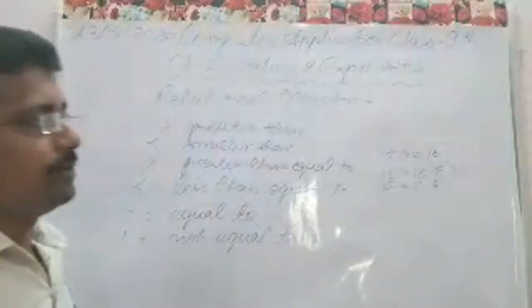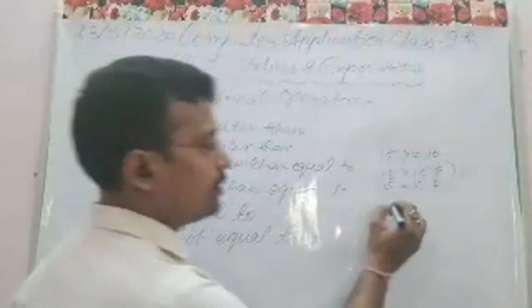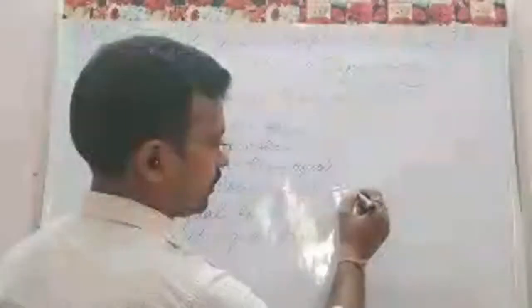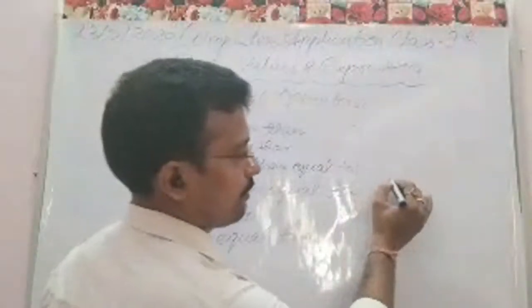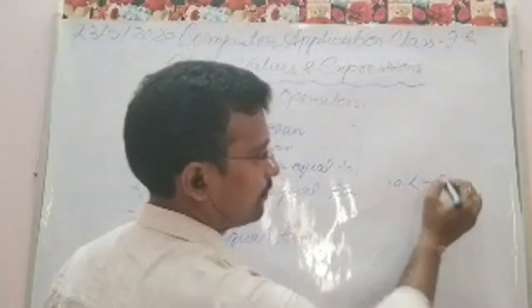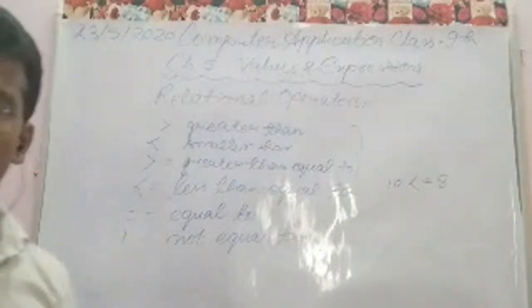Sure? Okay. Next is less than equal to. How does less than equal to work? Suppose we have taken 10 and we have said less than equal to 8.